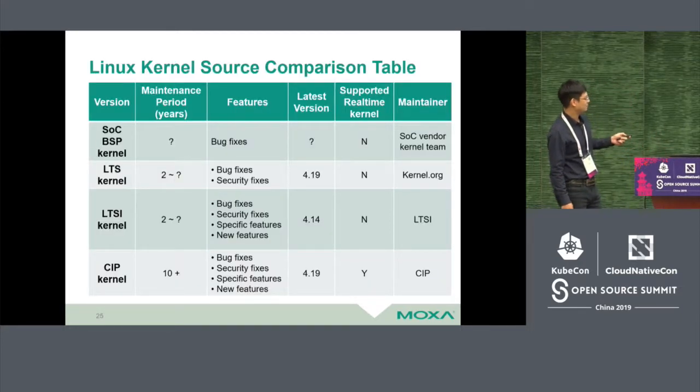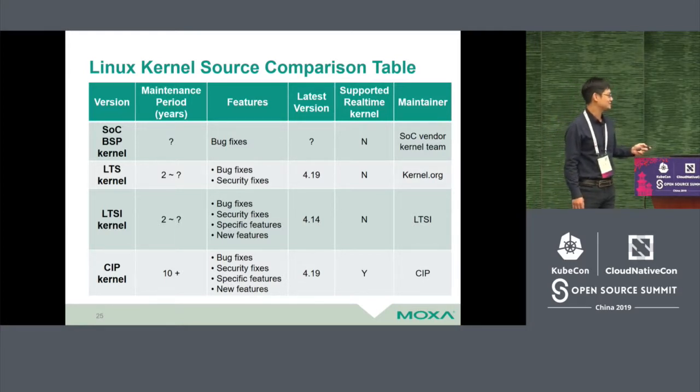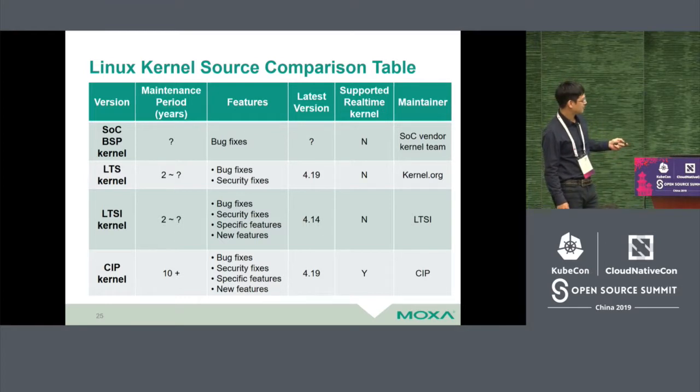This is the table. As you can see, for the maintenance period, SOC vendor is unknown, LTS is 2+, LTSI is 2+, and CIP kernel is 10+. And for the features, the SOC BSP and LTS accept bug fixes and security fixes. But LTSI accepts new features.